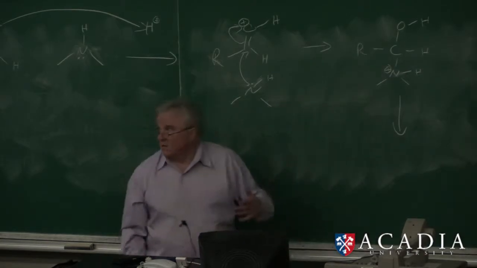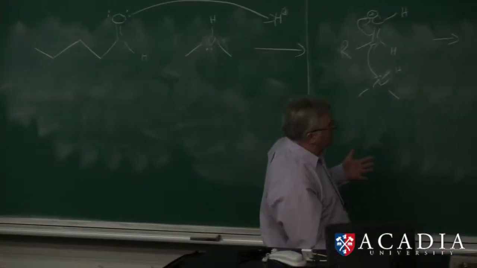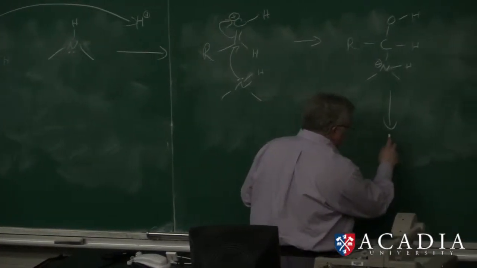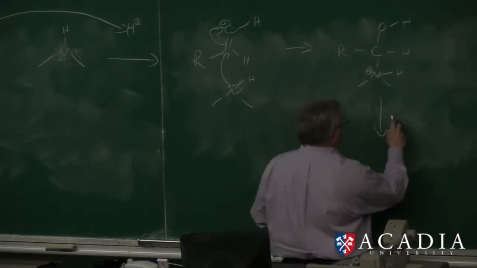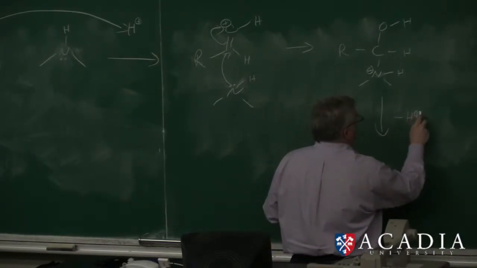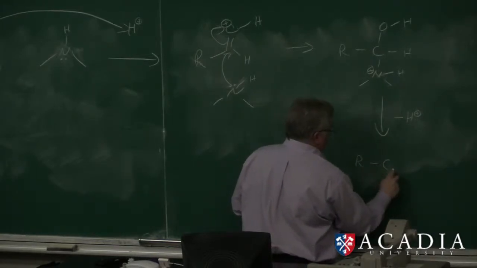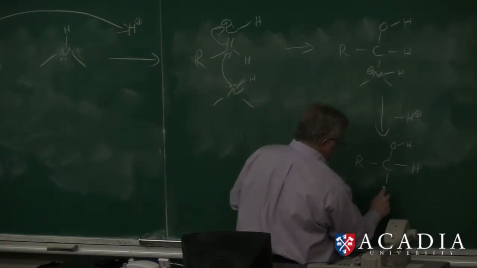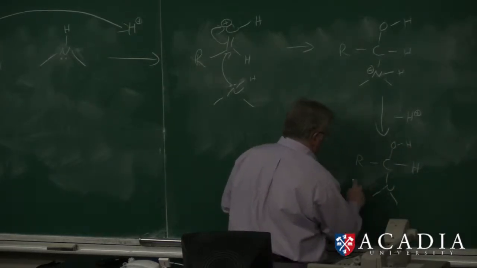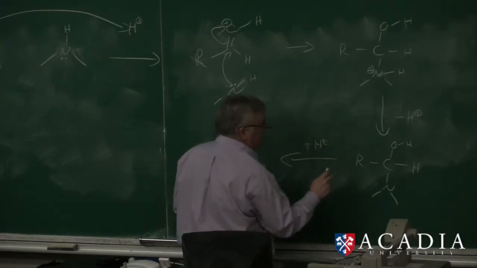Now here is proton jumps on, proton jumps off. I would accept the double arrow here, but let's go ahead and say minus H plus, and then plus H plus here. So what am I doing with this minus H plus?